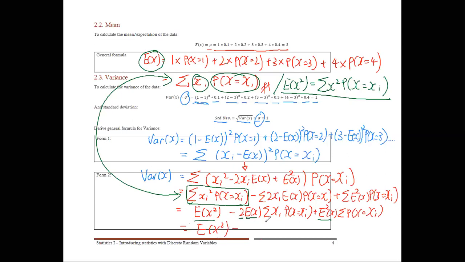So the second term, what is this? What is my summation of x p(x) where x equals xi? This is your E(x). So this will be 2E(x), and therefore this will be 2E squared(x).